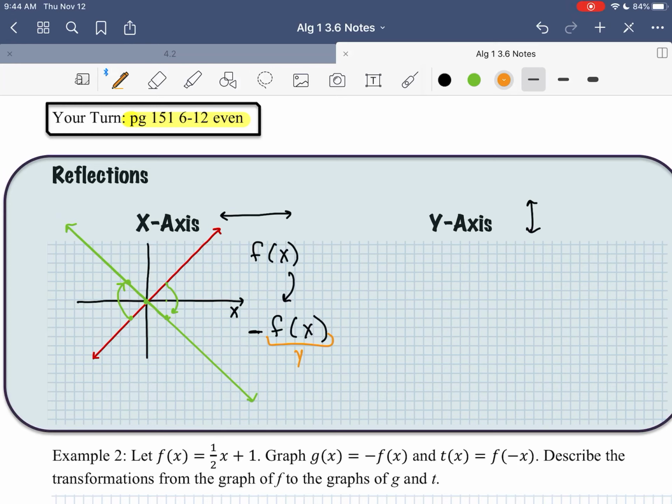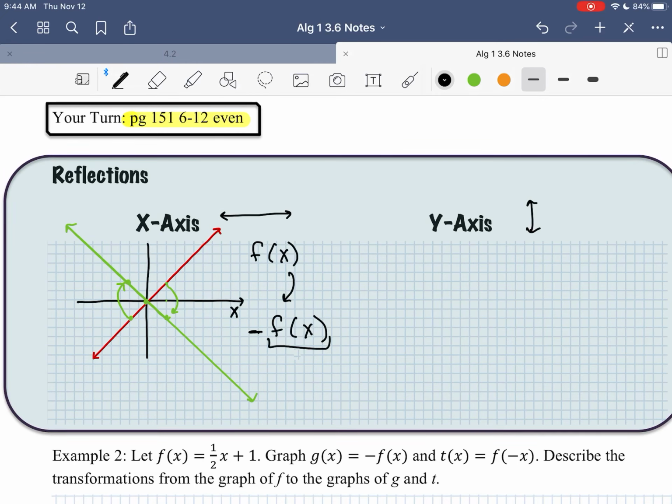So it's taking that y and making it negative, flipping over the entire function. This negative out front will flip it over the x-axis.